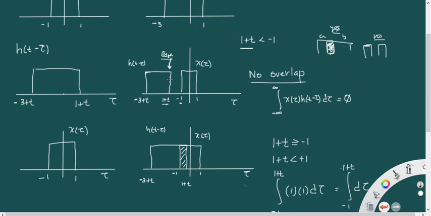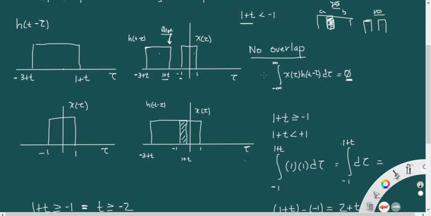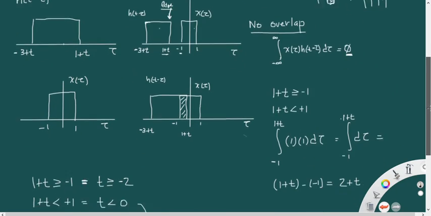And in this case, if we integrate the product of x of tau, which is this one, and h of t minus tau, if we integrate the product of both, we can come up with a zero value, because there is no area in overlapping from one h or x of tau on the top of the other. So in this case, the result will be zero for this integral.